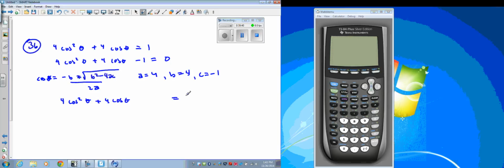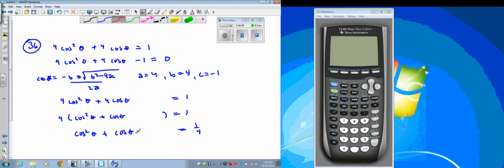And I'll move that 1 over here. I'll factor the 4 out and divide the 4 into the other side. So I have cosine squared theta plus cosine theta equals 1/4. And then I'm going to do half the middle term.